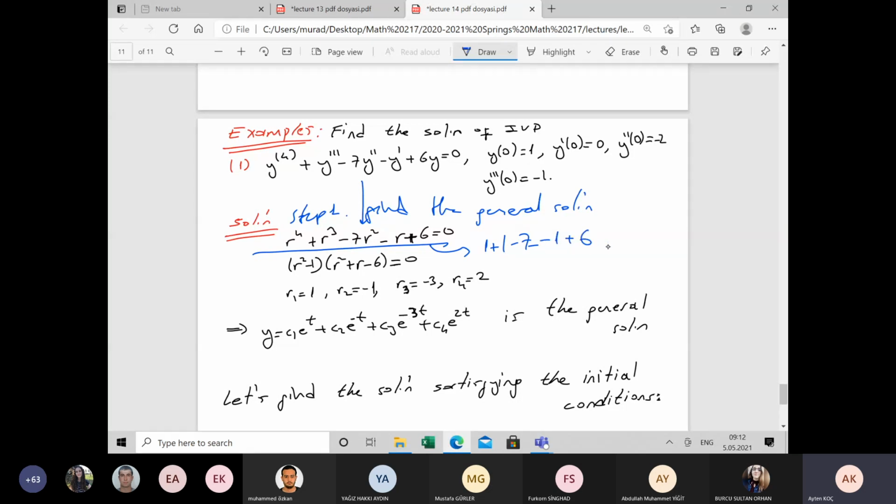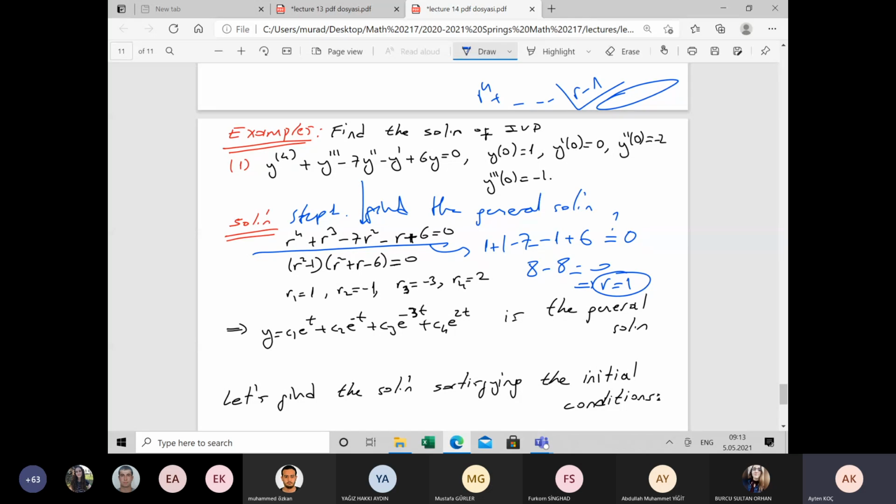Check whether that is 0. It is 0, so r equal to 1 is a root of this equation.